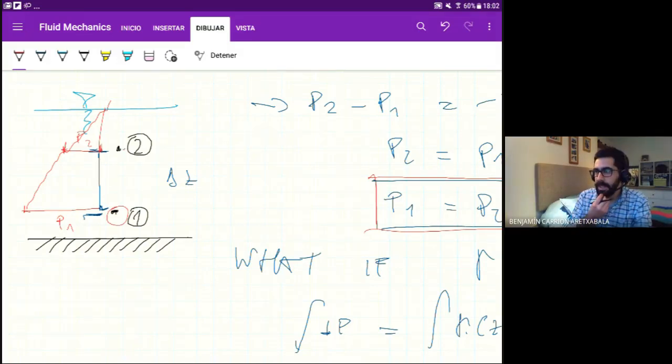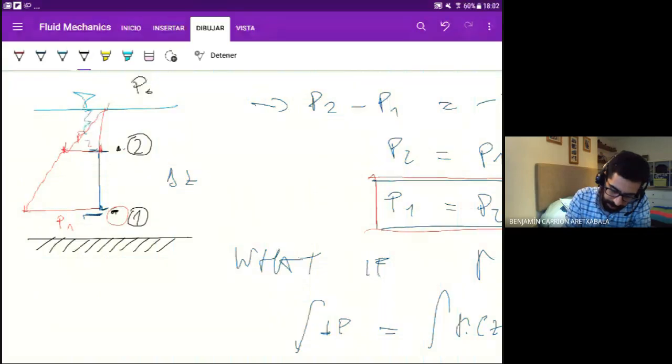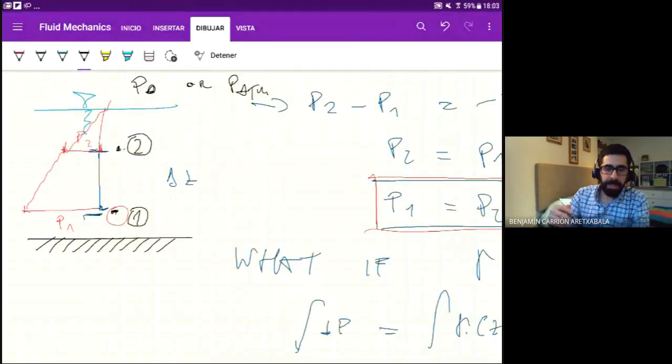You will see it on the slides, but you know that on the surface of the water there is an atmospheric pressure, but here we're normally interested in the relative increase in pressure, not in the absolute pressure. So normally we're going to call here P0 or P atmosphere the value of the atmospheric pressure, and from that point on we have a linear increase as we go down into the fluid.